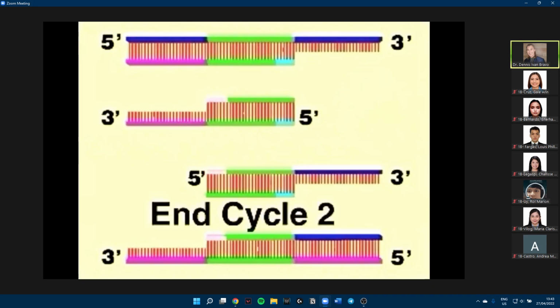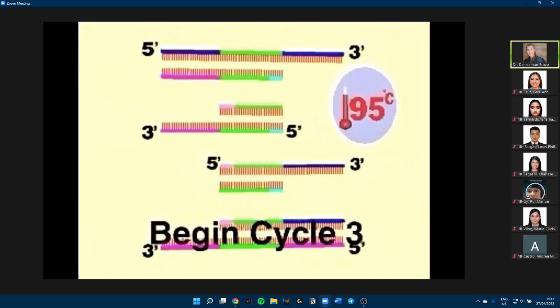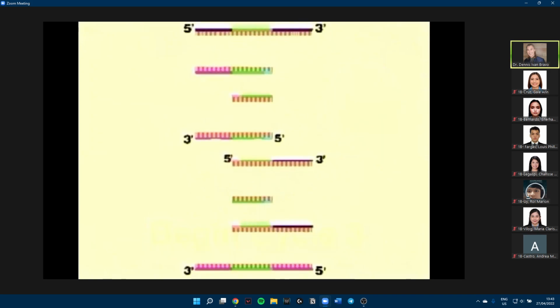Four copies are produced. Now take note that those amplicons or DNA fragments are not of uniform size yet.